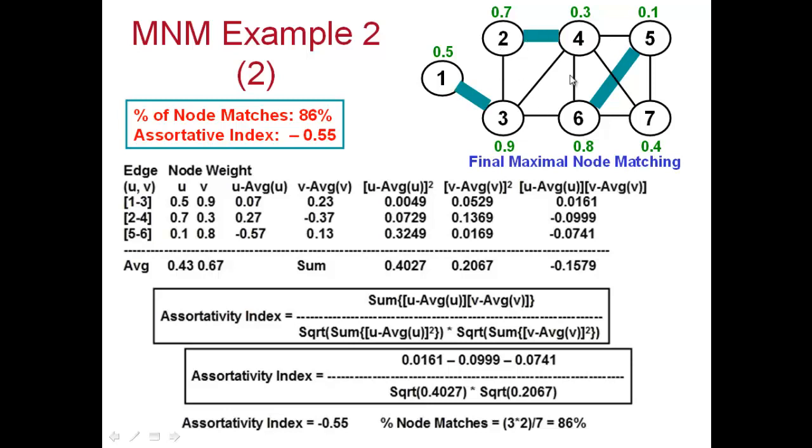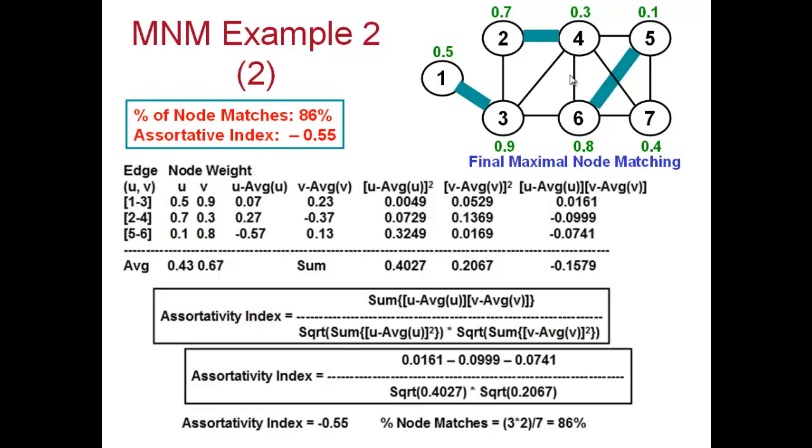Once you pick those three edges, that's called the maximal node matching, and here you have 7 vertices, and you have found a maximal node matching of 6 vertices. As I said earlier, if you have an odd number of vertices, the best you can do is V over 2 minus 1. So if you have 7 vertices, you have matched 6 of them.